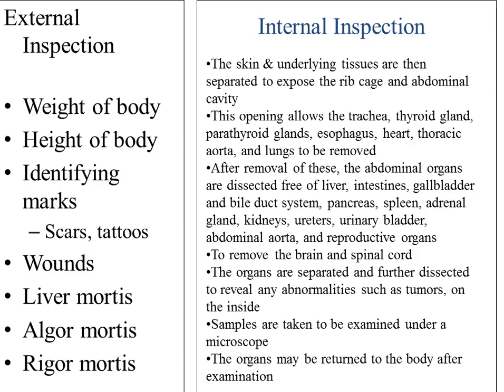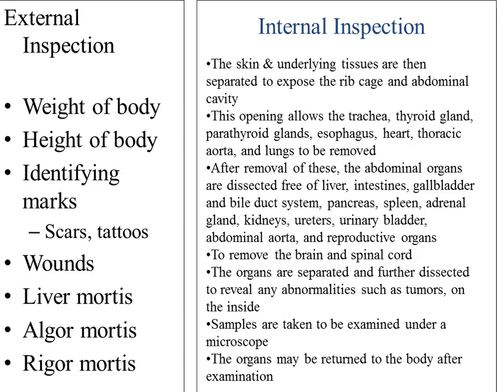After removal of these, the abdominal organs are dissected free: liver, intestine, gallbladder, the bile duct system, pancreas, spleen, adrenal gland, kidney, ureters, urinary bladder, abdominal aorta, and reproductive organs. To remove the brain and spinal cord, the organs are separated and further dissected to reveal any abnormalities such as tumor or other. Samples are taken to be examined under the microscope.